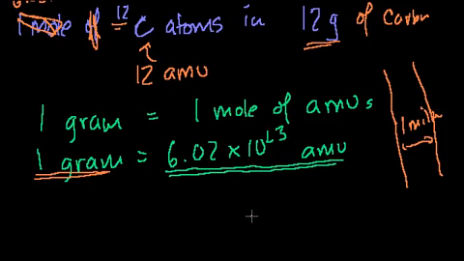Or if you were to take an apple, obviously an apple has a bunch of different types of atoms in it, but if you were to take one of the atoms and make it the size of the apple, then the apple would be the size of the Earth.